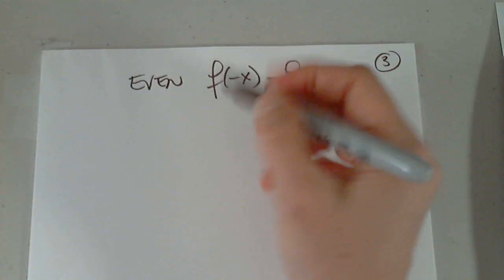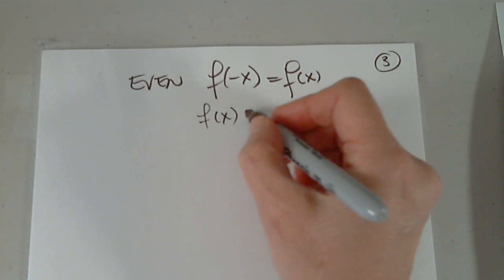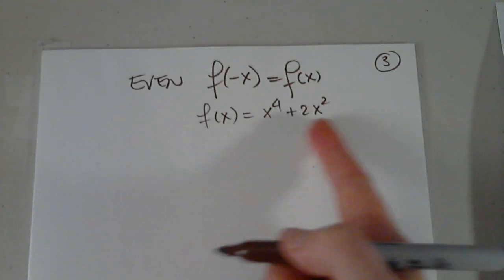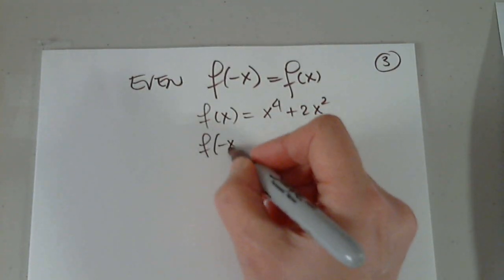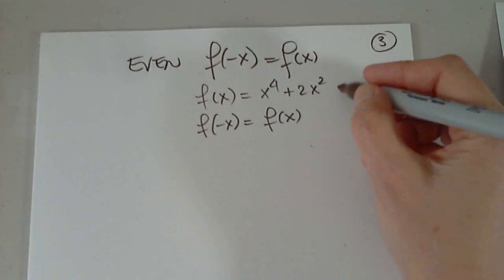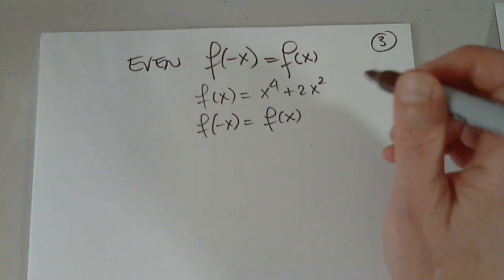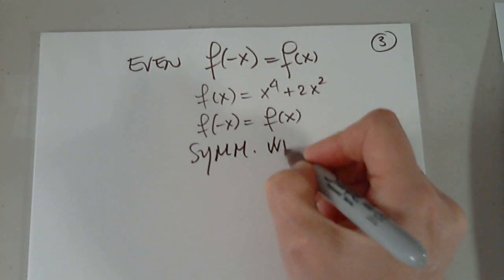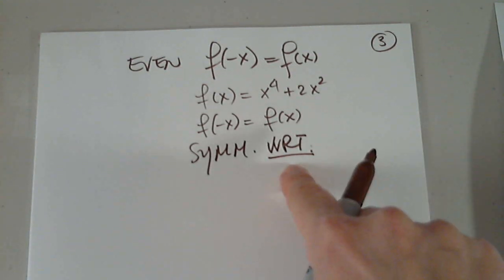For example, f of x equals x to the fourth plus 2x squared. If in this function I replace x by negative x, nothing happens. It's the same function. So this is an even function, which means symmetric with respect to the y-axis. Symmetric with respect to, that's how lazy people write it.